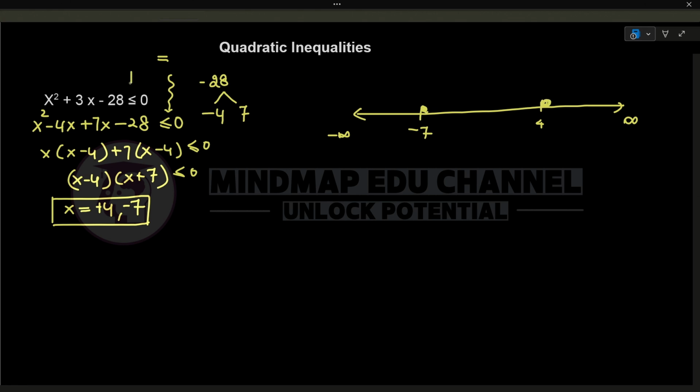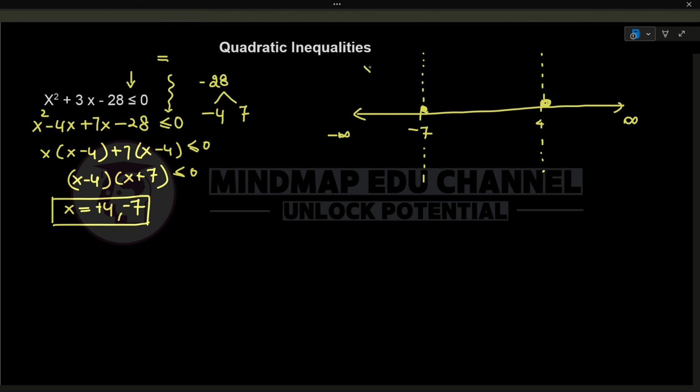Because we have the equal to sign here, and that means minus 7 and 4 are included in the solution. Now if you see here, our number line is divided into three sections. Clear? So the intervals are minus infinity to minus 7, minus 7 to 4, and from 4 to infinity.